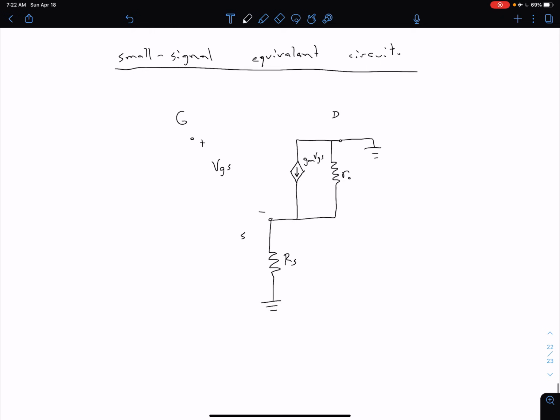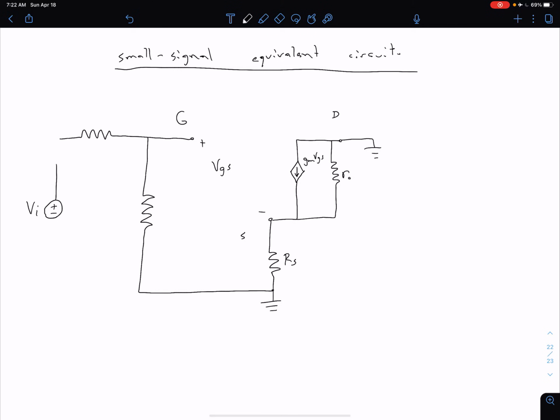So adding all of those things on our gate side, we have this RSI, and that's going to our gate. We also have this parallel combination of R1 and R2, which is between our gate and ground, so I'm going to connect that there. And then we had that VI, which is in series with the RSI up here. So this is our RSI.